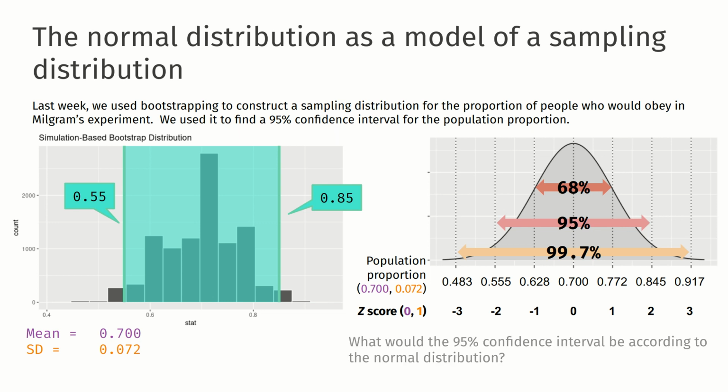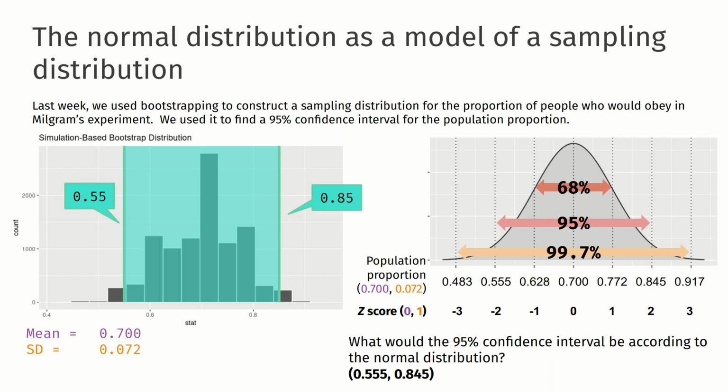In other words, the 95% confidence interval, according to the normal distribution, would be 0.555, so this guy right here, all the way up to about 0.845 right here.